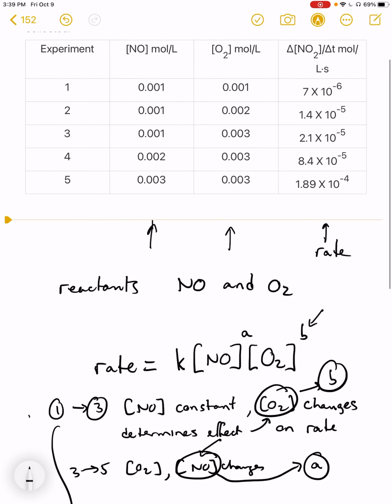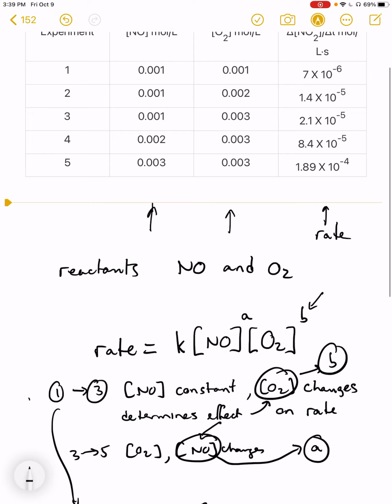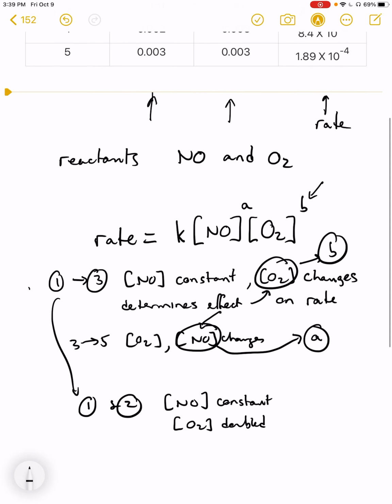And if I look at the rate, it goes from 7 times 10 to the negative 6th to 1.4 times 10 to the negative 5. So the rate also doubles. Okay? So as my O2 doubles, the rate doubles.